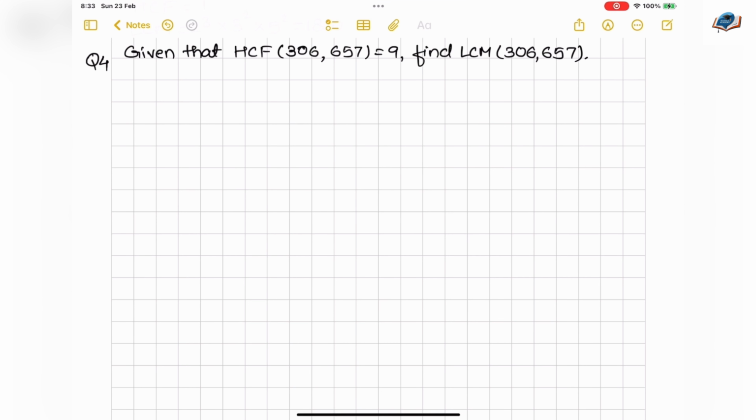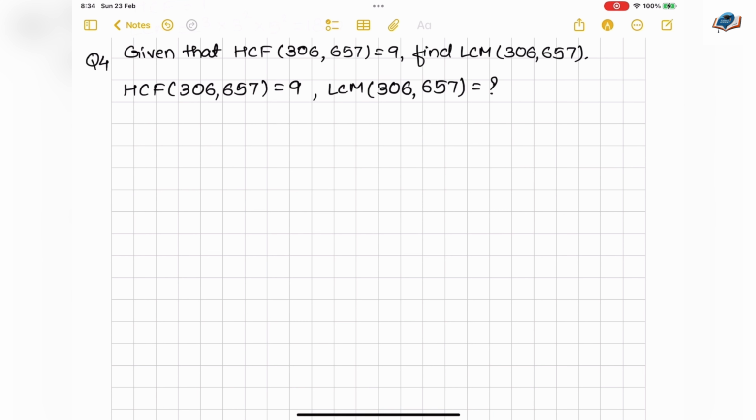So here HCF of 306, 657 equal to 9. LCM of 306, 657 equal to question mark.